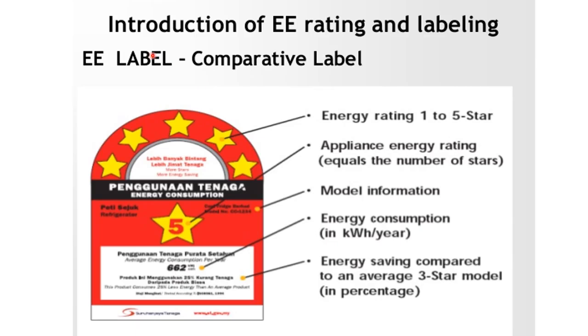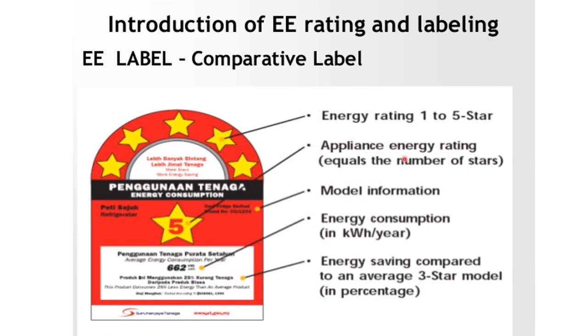You can have a look at the introduction of energy efficiency rating and labeling of this EE label. In this label, you can find a few stars. These are also known as the energy rating.